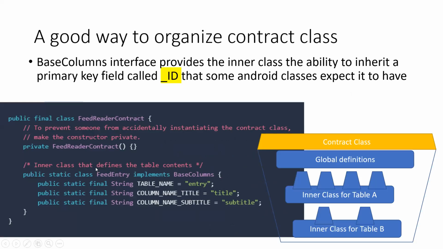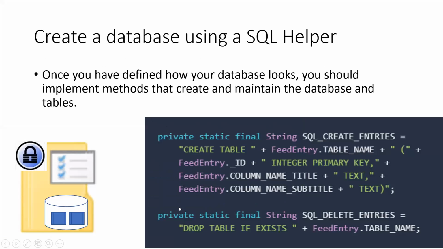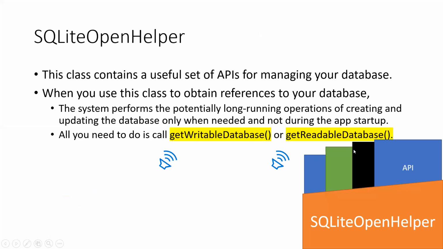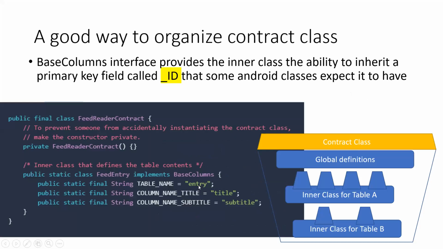The inner class represents a table and it enumerates the columns, two columns are there. So fetch the name from the inner class of the contract class, FeedEntry.TABLE_NAME. It will fetch the value from here, that is entry.